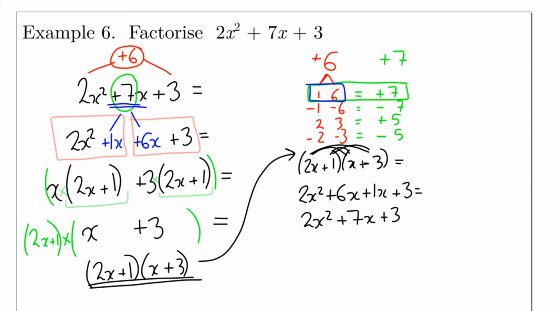What you should notice is that when I was expanding these two brackets, I ended up with the middle terms 6x and 1x, which simplified together to give me 7x, which is exactly what we did up here in splitting the 7x into 1x and 6x. So what you can see is when you factorize, when you split this middle term, it's the opposite of simplifying when you're expanding.